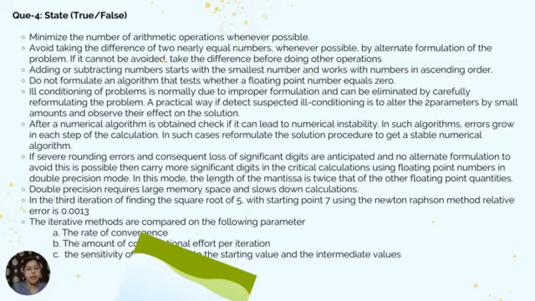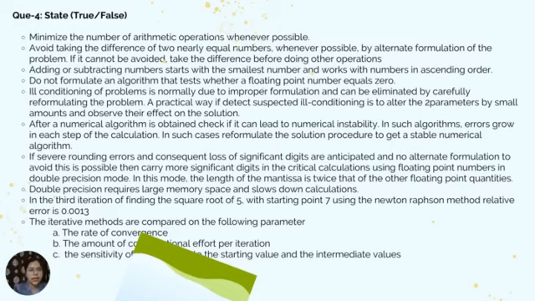Seventh, if severe rounding errors and consequent loss of significant digits are anticipated and no alternate formulation to avoid this is possible, then carry more significant digits in the critical calculation using floating point numbers in double precision mode. In this mode, the length of the mantissa is twice that of the other floating point quantities.